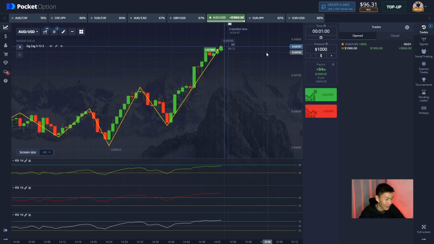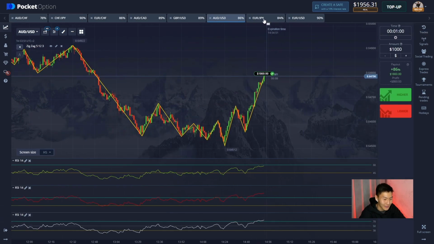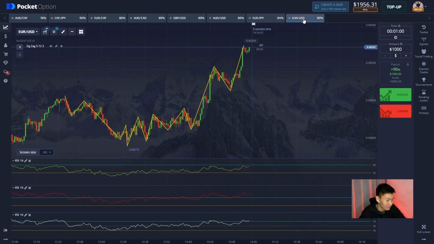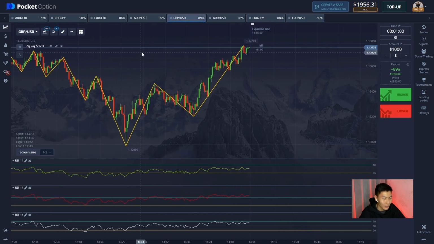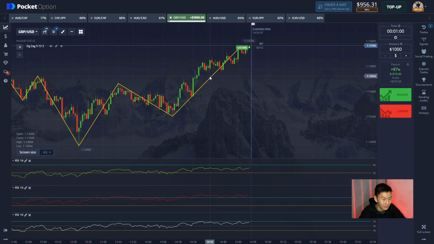And another position has ended up in profit, so let's continue our trading. Find the most profitable payout rate, and here we also open a long position following the trend direction.